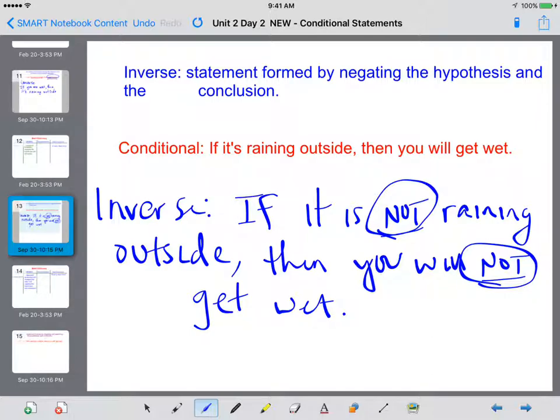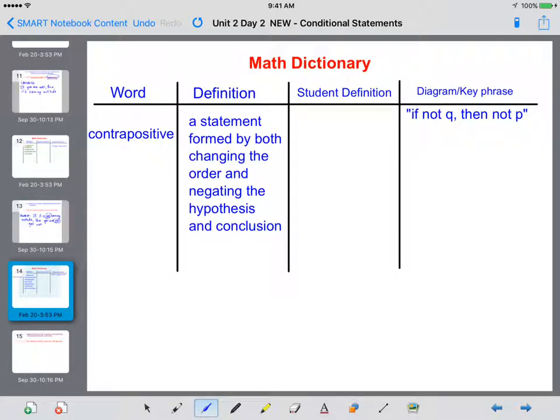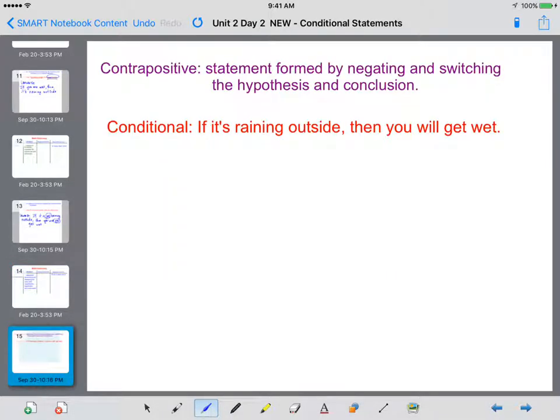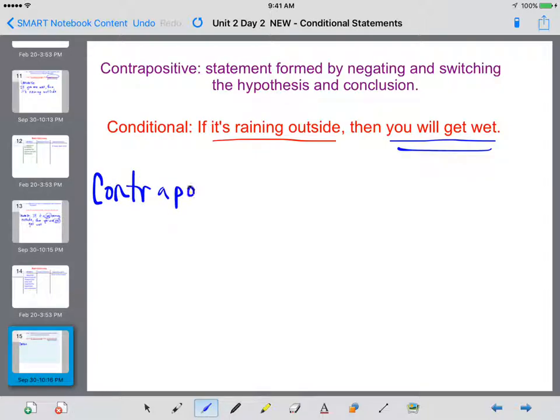Last word of the lesson here, contrapositive. Statement formed by changing the order and negating the hypothesis and the conclusion. So here's our example. So if our hypothesis is if it's raining outside and our conclusion is then you will get wet, we're going to switch the order and negate it. So the contrapositive, it's basically negating the converse.